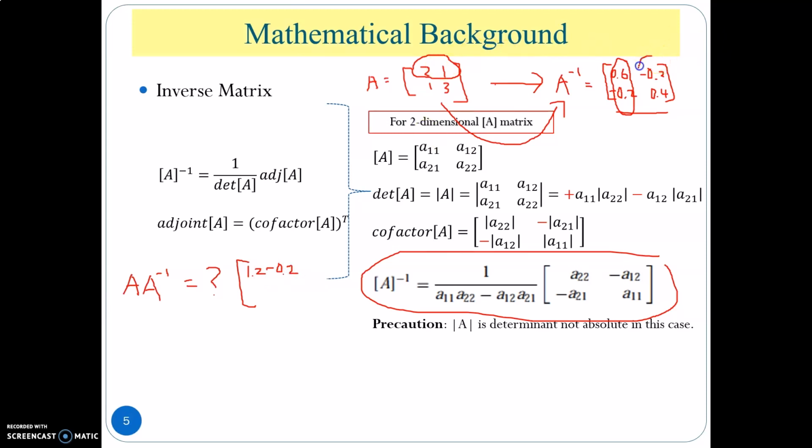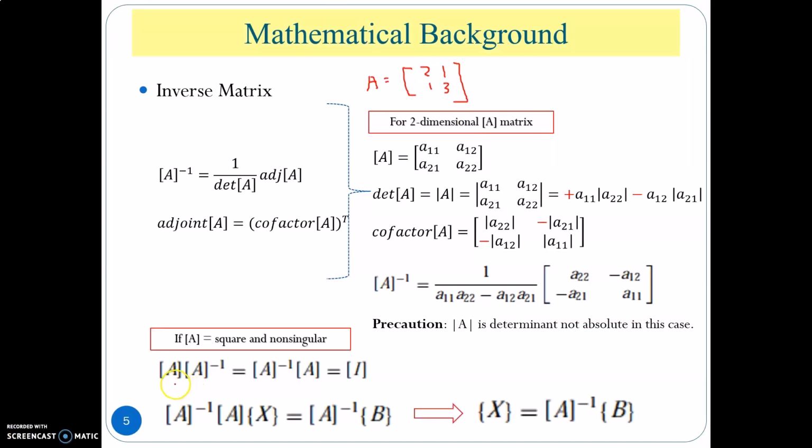So we continue with the second column. 2 multiplied negative 0.2, you obtain negative 0.4. 1 multiplied 0.4, you obtain 0.4. So from here you obtain 0 for this term. This one you obtain 1. And if you continue with this component, multiply with these two columns, you should be able to obtain 0, 1 here. So this is called the identity matrix.